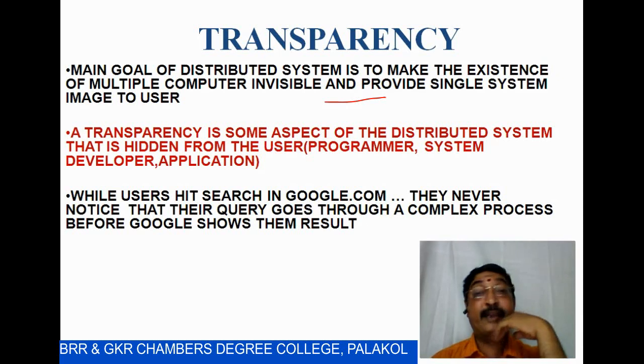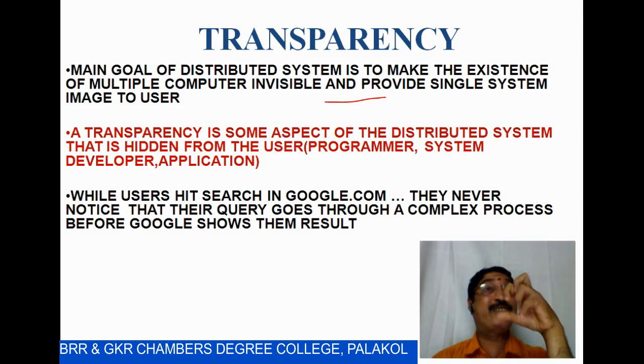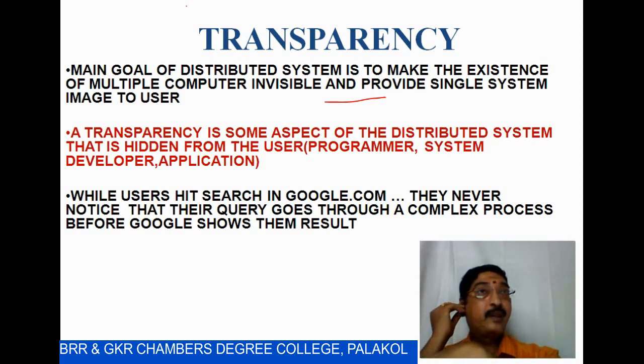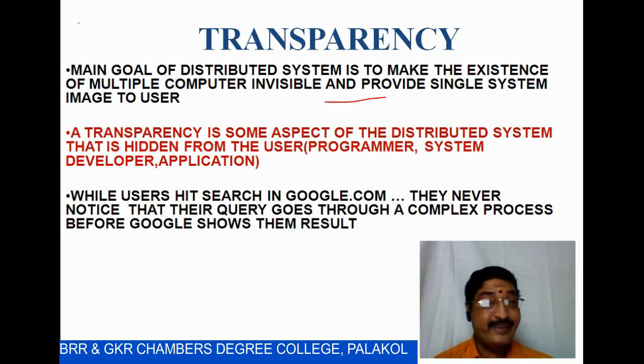Users never notice that their query goes through a complex process. Actually, if you try to search Google, a complex search will be performed among a number of servers with the help of a number of algorithms. It is a very complex search, but these details are unknown to the user.